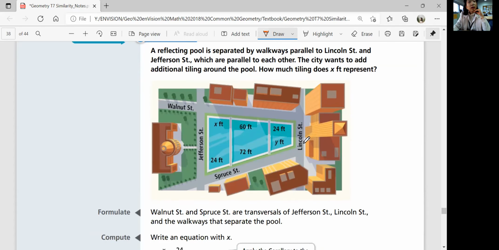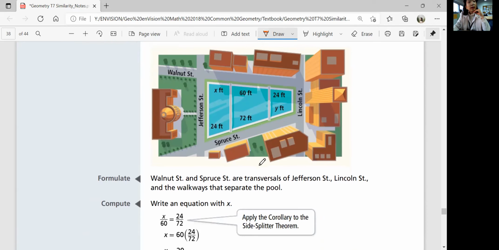So Walnut Street over here and Spruce Street over here are transversals of Jefferson and Lincoln Street, the walkways that separate the pool, and they're all parallel. So the segments are proportional. Let's write an equation.